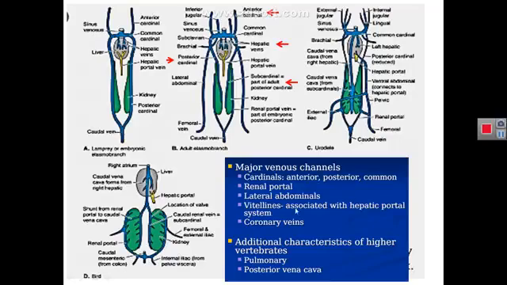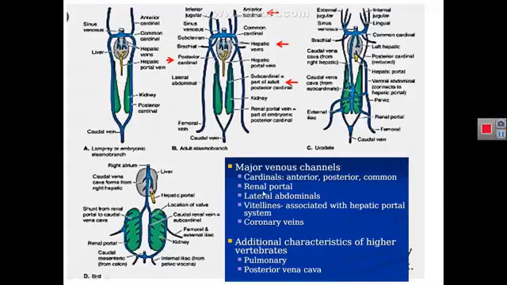Venous system is rather simpler in its description regarding the comparative anatomy. Veins in the body in a primitive manner contain cardinal veins that drain the body of the embryo, which are anterior cardinal and posterior cardinal, the anterior cardinal draining the anterior part of the body, while the posterior cardinal drains the posterior part of the body.